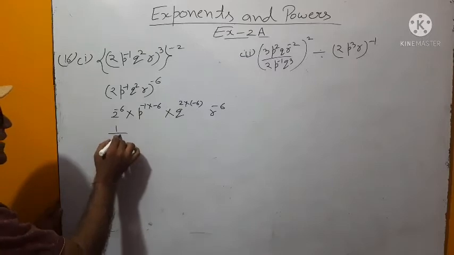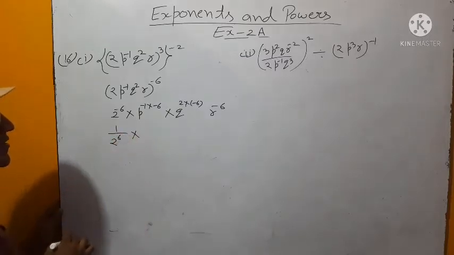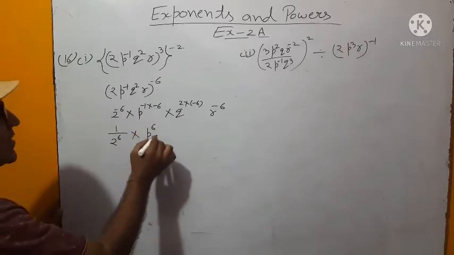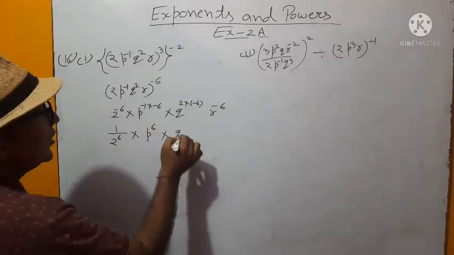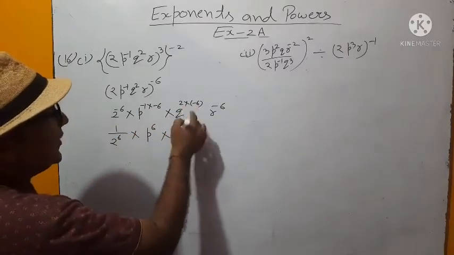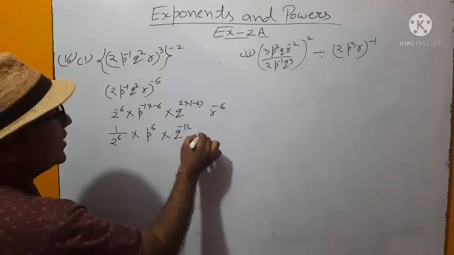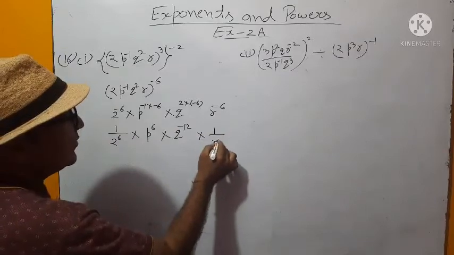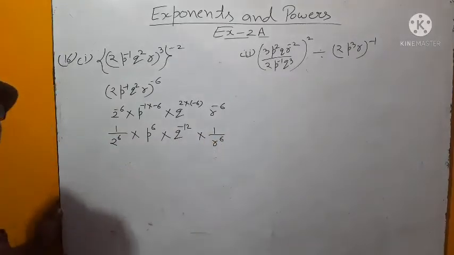So we can write it 1 upon 2 to the power 6. Here minus 1 into minus 6 becomes plus 6, p to the power 6, q to the power 2 multiplied by minus 6 becomes minus 12, and r to the power minus 6 can be written as 1 upon r to the power 6.